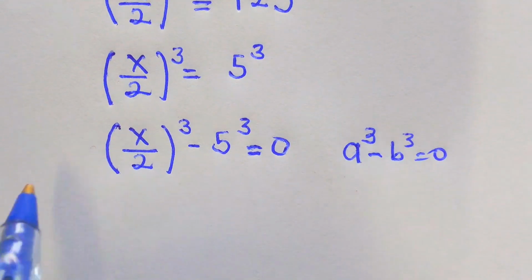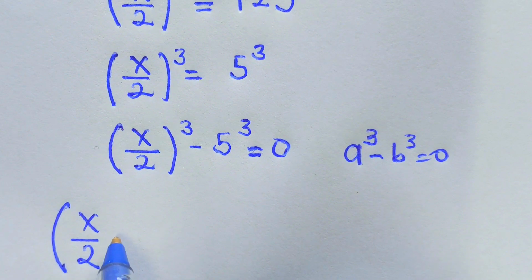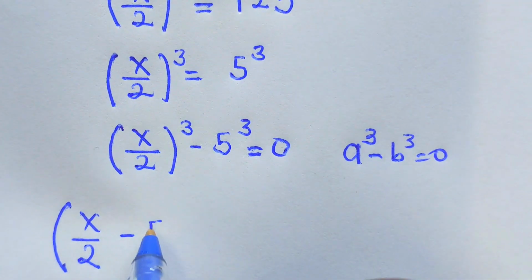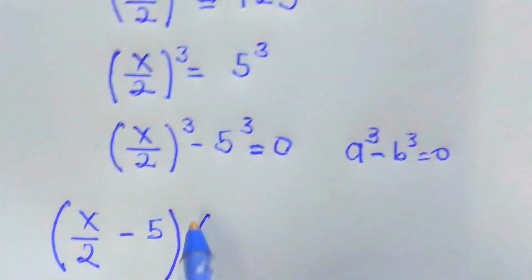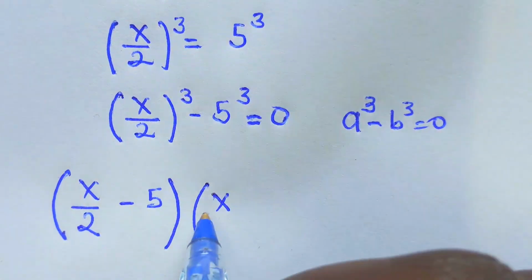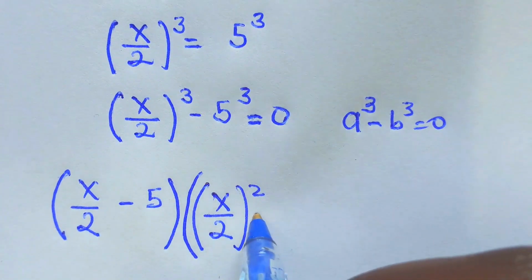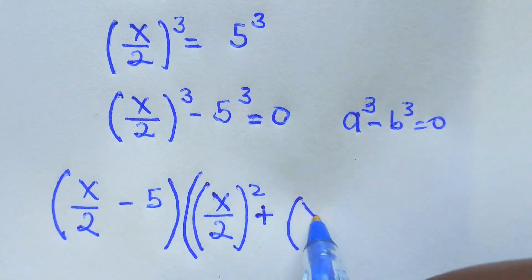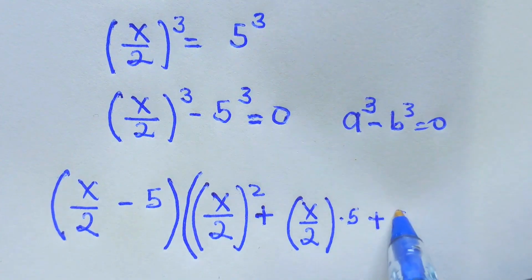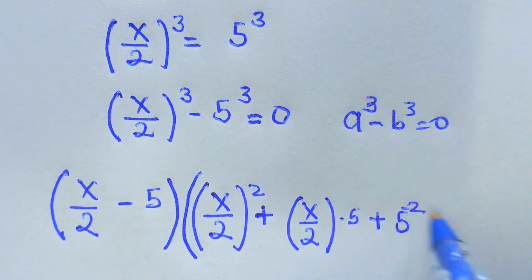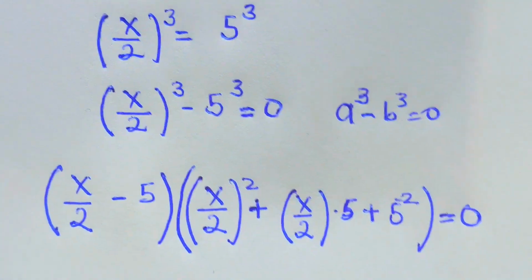So we are going to transform it as (x over 2 minus 5) times ((x over 2) squared plus (x over 2) times 5, plus 5 squared), close bracket, which should equal 0.